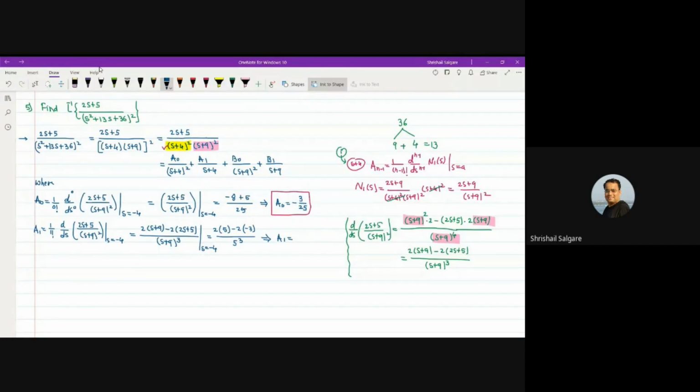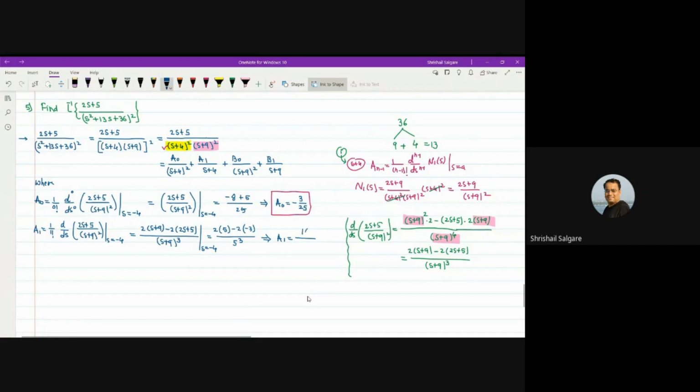16 by 125. Correct. It is 16 divided by 125.